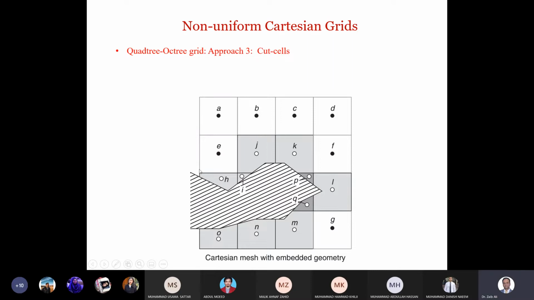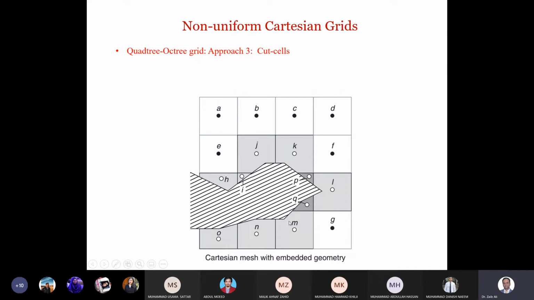So for example, here we had a perfect Cartesian mesh, but here the cell next to the solid surface is cut into this polygon. For example, here it is cut into a triangle, and here a polygon.